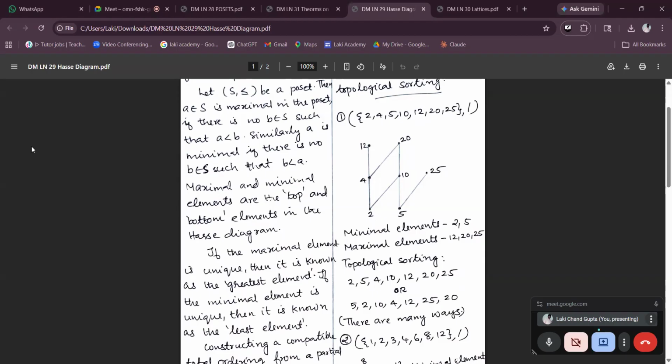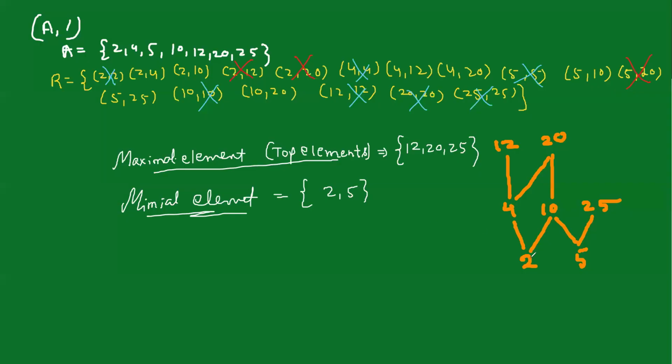Arrange all in order. So the first generation elements are what? 2, 5. Then 4, 10, 25. And then you can also write this, like 5, comma 2.